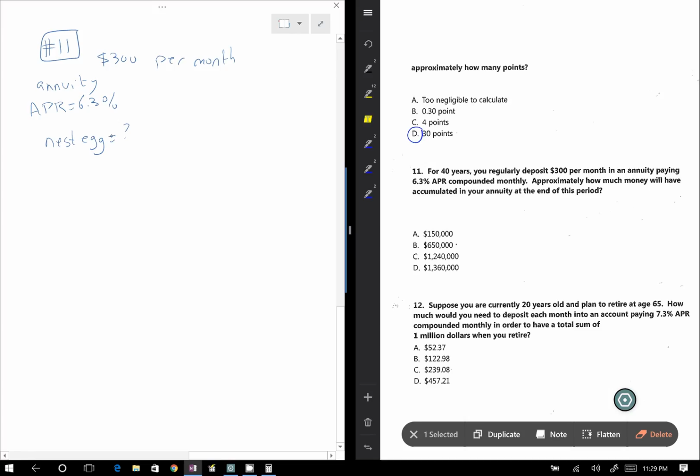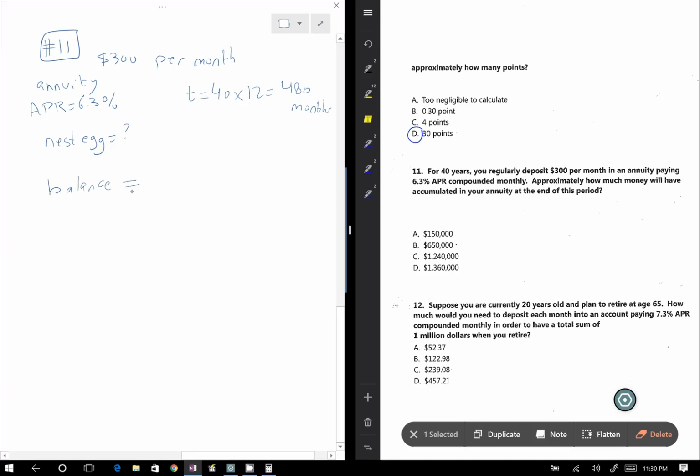So basically the balance, 40 years. 40 multiplied by 12, that's 480 months. That's the terms.